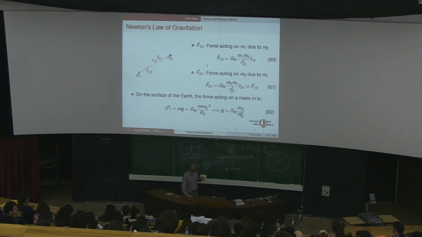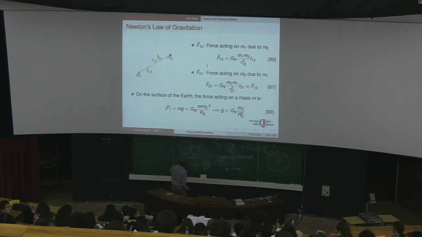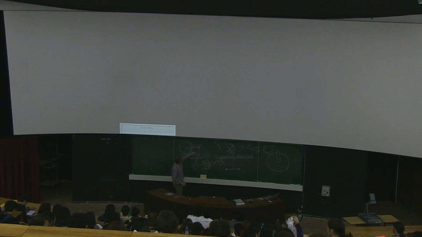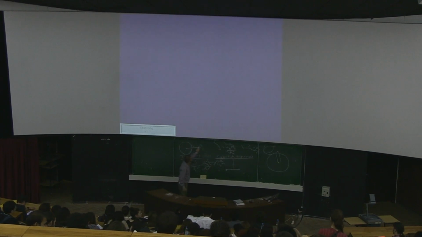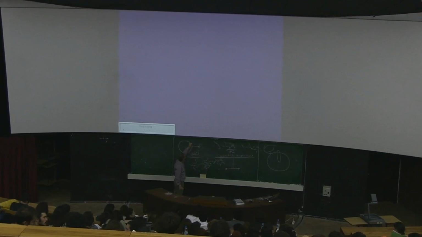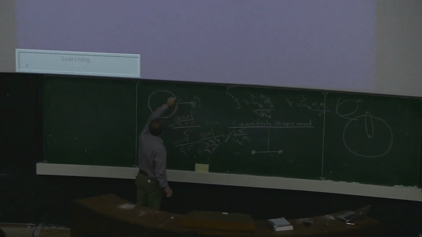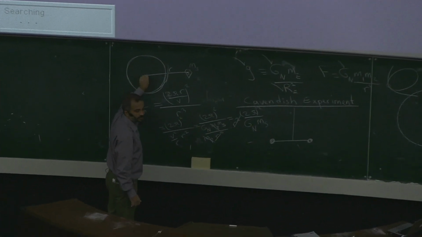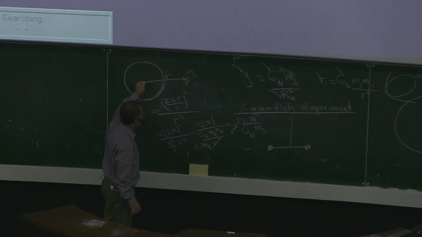But we will see on Tuesday that if you consider any spherical object, and if you are outside it, the gravitational force that this Earth creates is the same thing as if all the mass of the Earth was concentrated at the center.